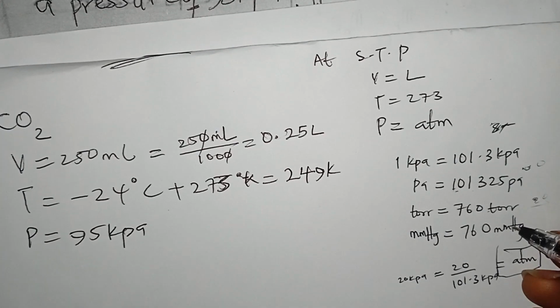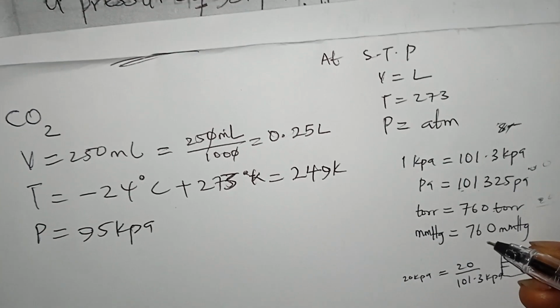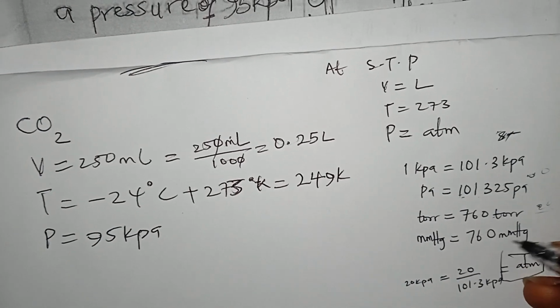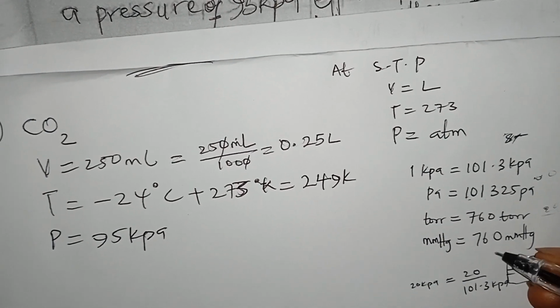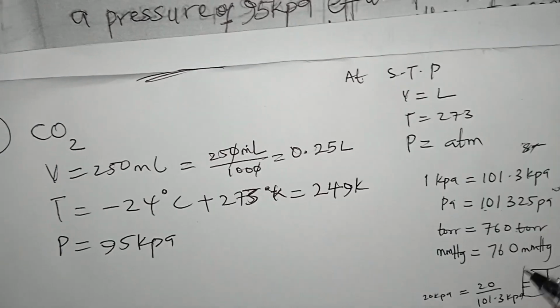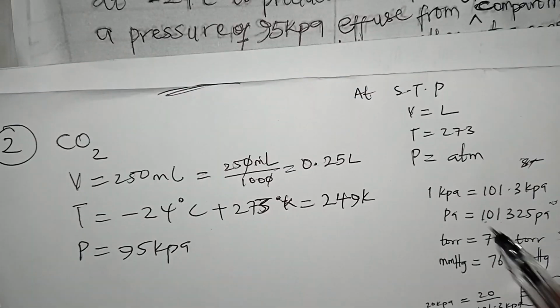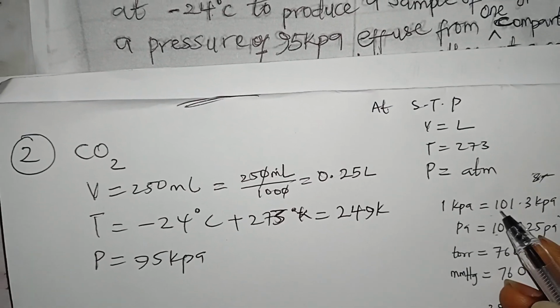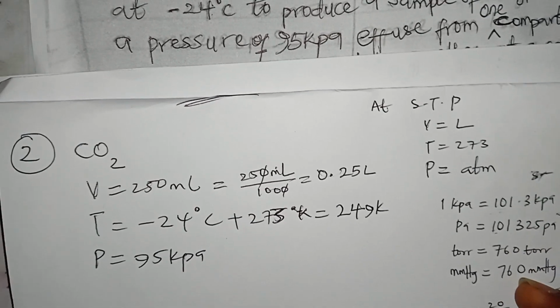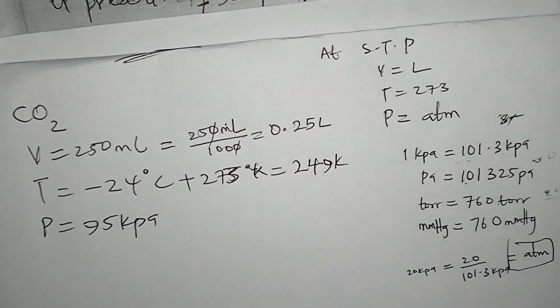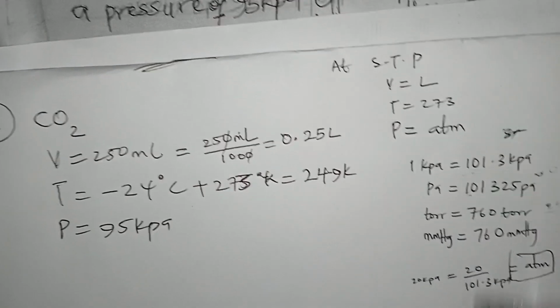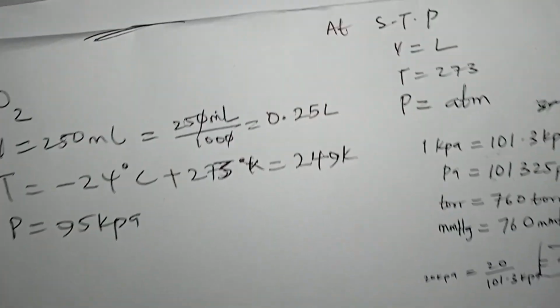If I'm given millimeter mercury, 760 millimeter mercury divided by 760 millimeter mercury is 1, that is 1 atm. So to convert, just divide by its factors here.